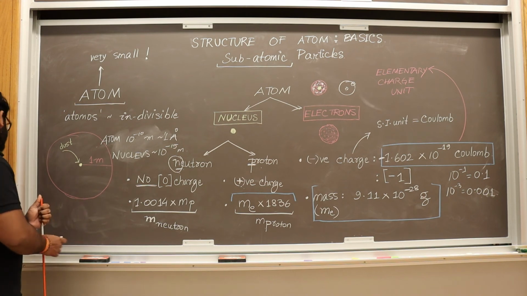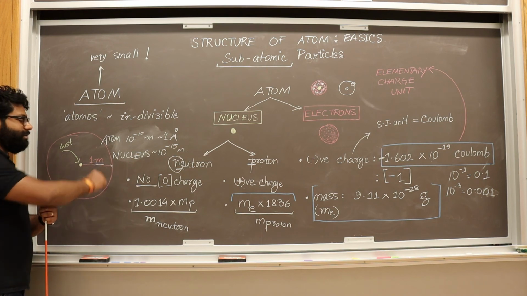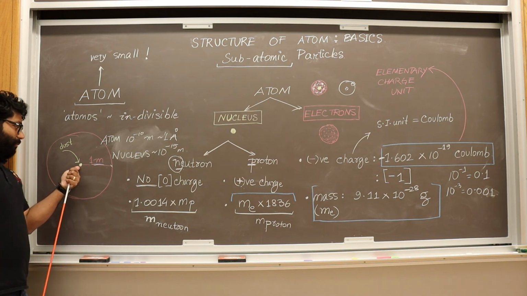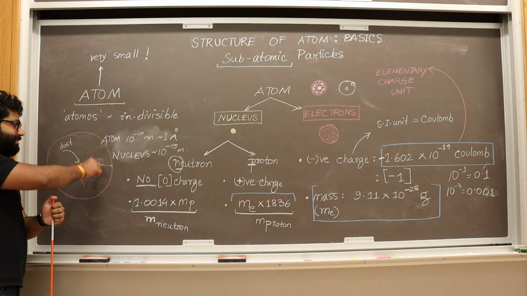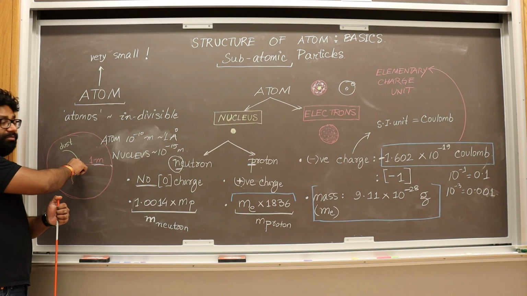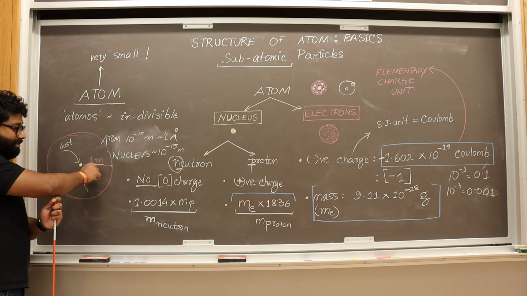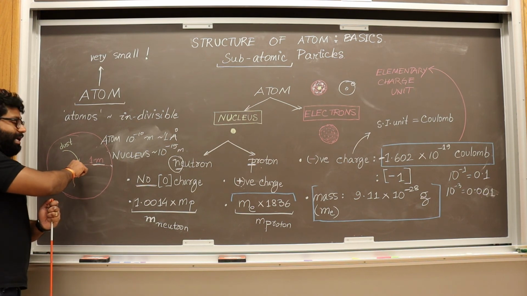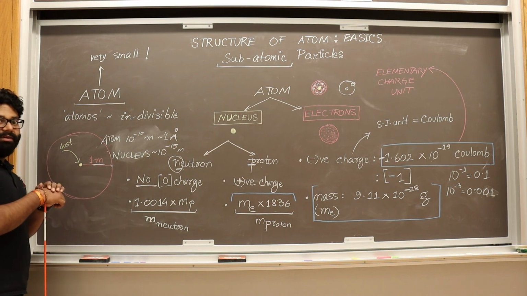So if you have a sphere which is about 1 meter in radius, a tiny speck of dust inside that sphere will represent the nucleus. So if this sphere of radius 1 meter represents an atom, a tiny speck of dust inside that big sphere will represent the nucleus, right?